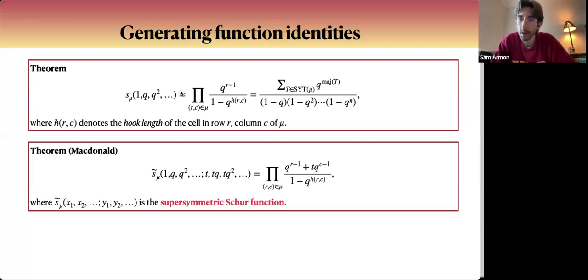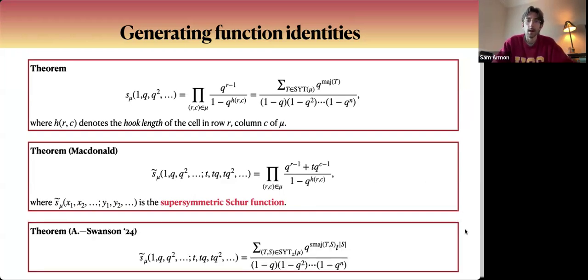So this first equality from the classical case was generalized by Macdonald in a really nice way. We just pick up this extra factor of t times q to the column minus 1. And so what we did was essentially fill in this second equality in the super case.